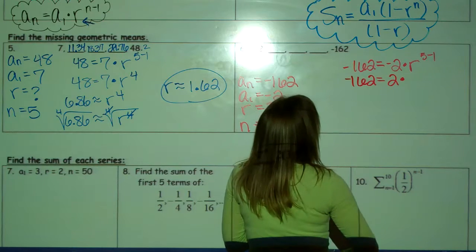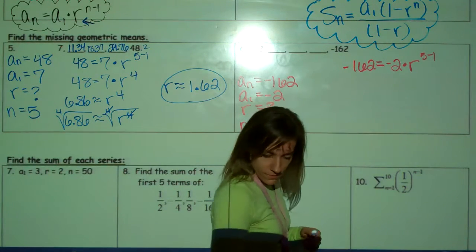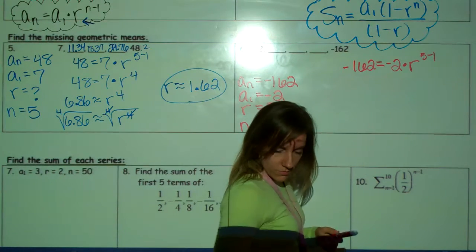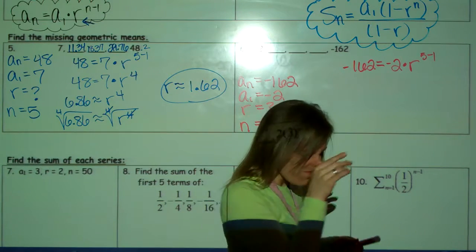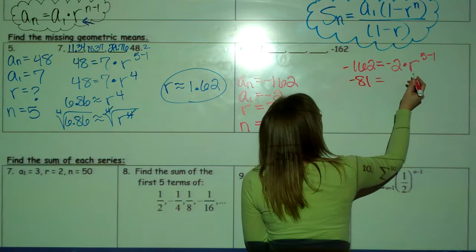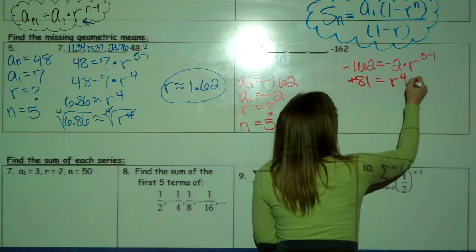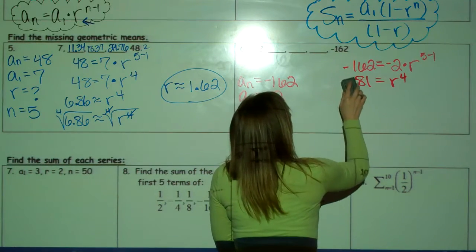Actually, I'm going to go ahead and divide by negative 2. So that makes it a positive 81 and r to the 4th. Okay? That way the sign goes away.